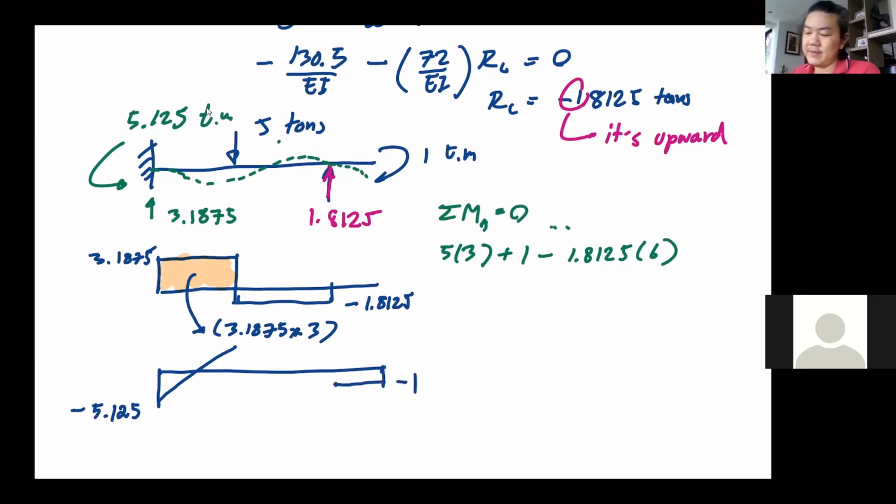That has to be minus 1. So whatever you have there as the second area must bring your moment diagram down to meet with this value, correct? So that is it. Okay, and you therefore have 2 points of inflection.